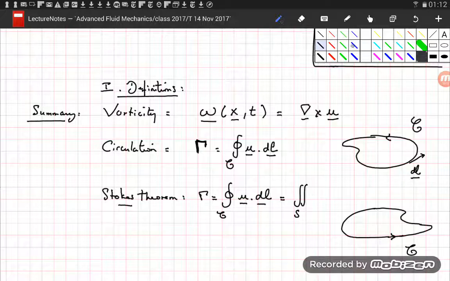So you now have to imagine that this here is my closed contour. Now there is flow. Here I'm representing streamlines. Let's assume the flow is steady and that these are streamlines. You have flow.